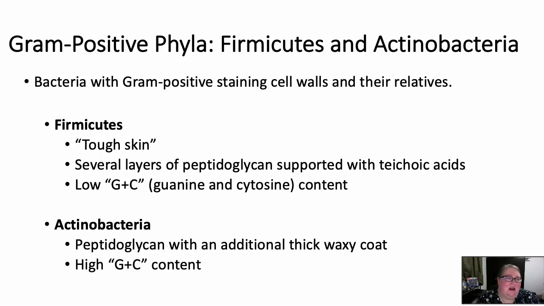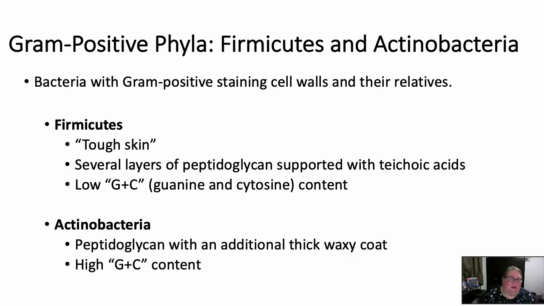Now, one of the things that's really important to understand is actinobacteria also stain gram-positive, so they also have a thick peptidoglycan layer. Now, a lot of actinobacteria are going to have an additional waxy coating on the outside of their cells, which is going to help them avoid things like our immune system.